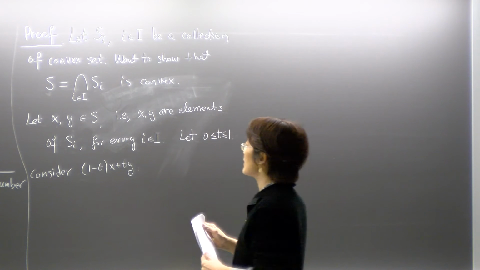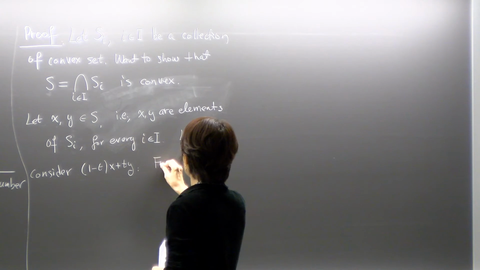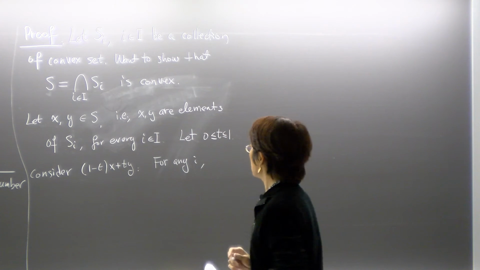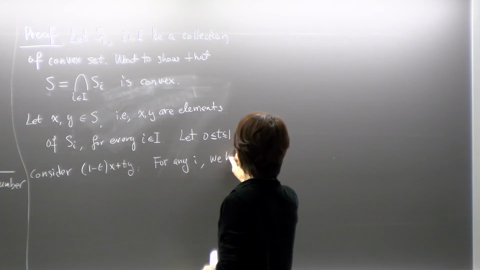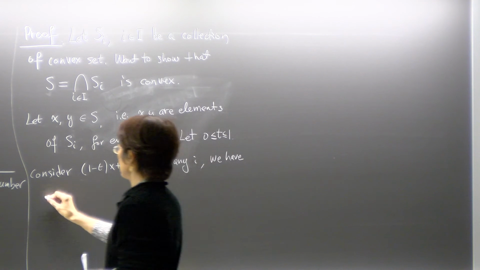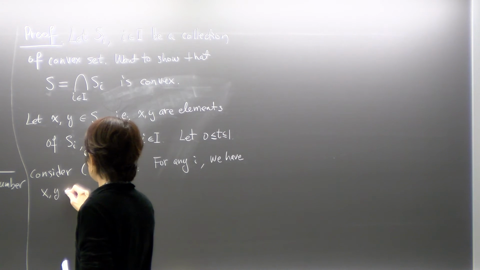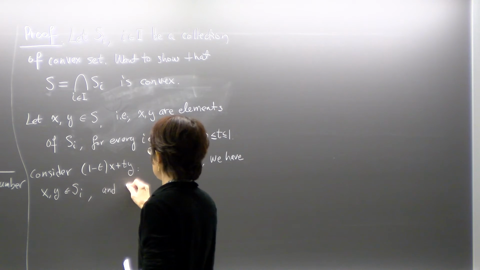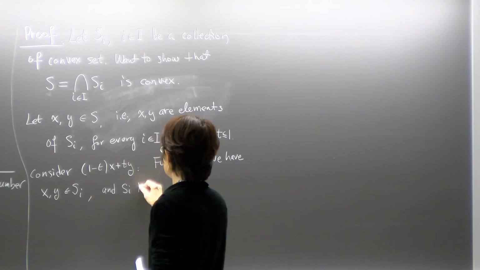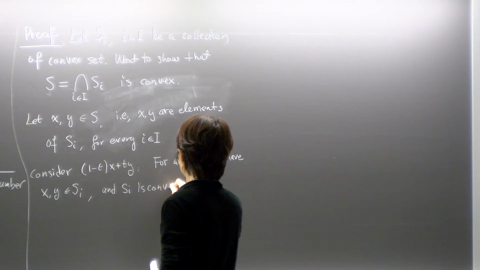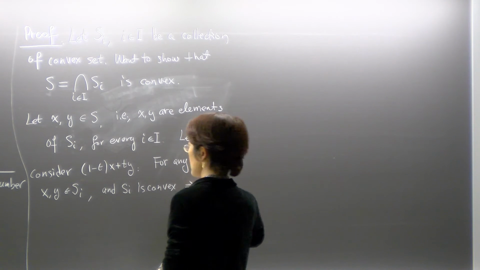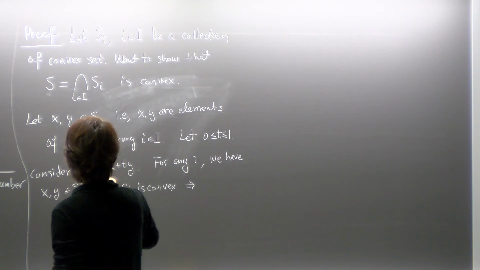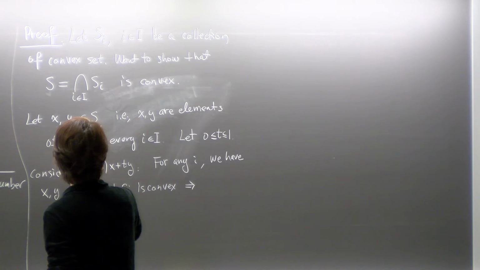Okay, let me write it down. So for any i, what do we have? We have x, y in Si, and Si is convex. What does that tell me? Can I call this point, the convex combination of x and y, W?